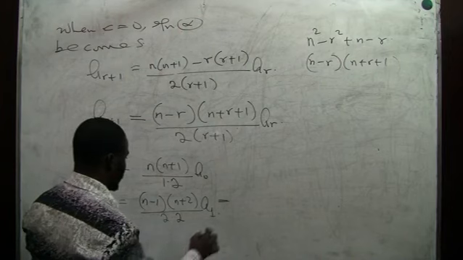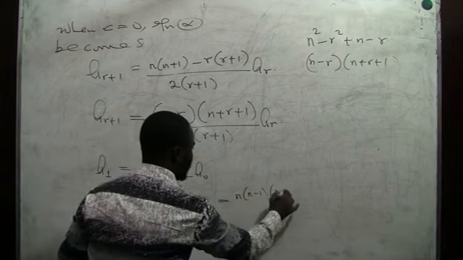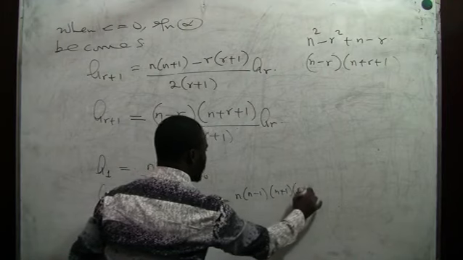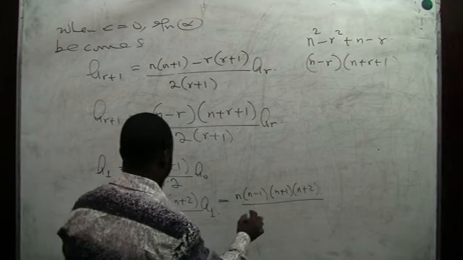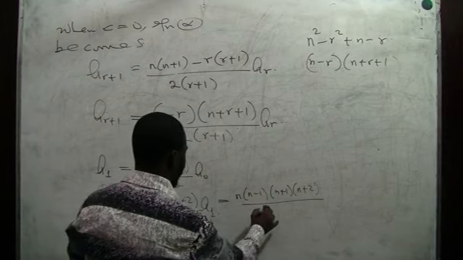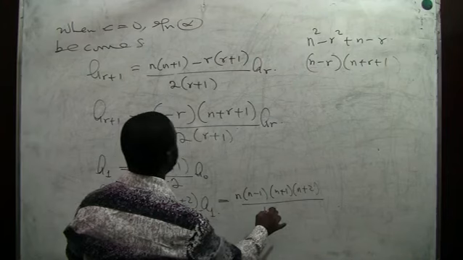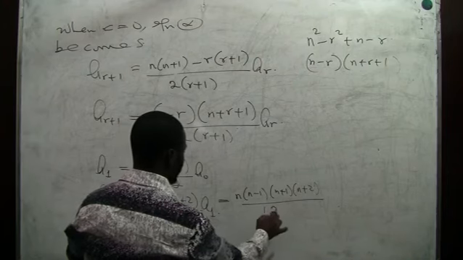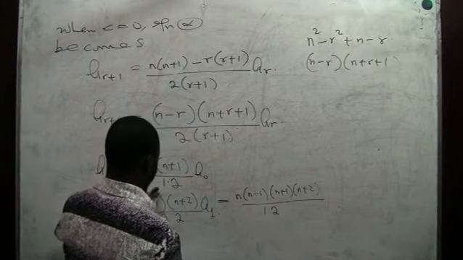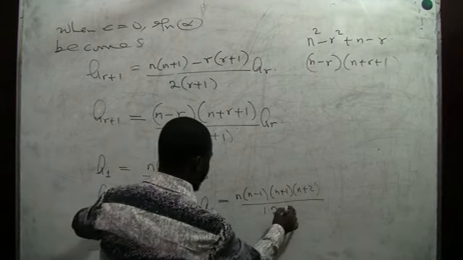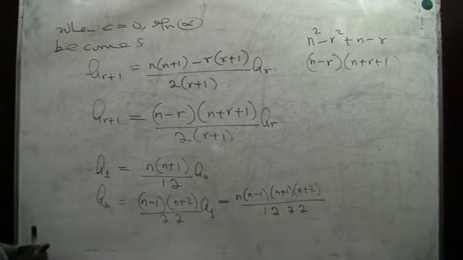We will have n into n minus 1 into n plus 1 into n plus 2 divided by 1 times 2 multiplied by 2 multiplied by 2. Something is not right.